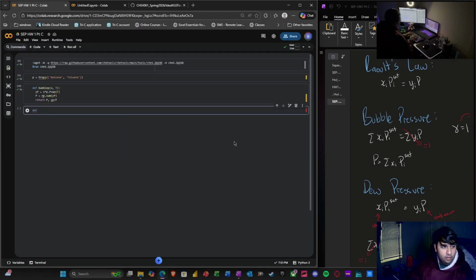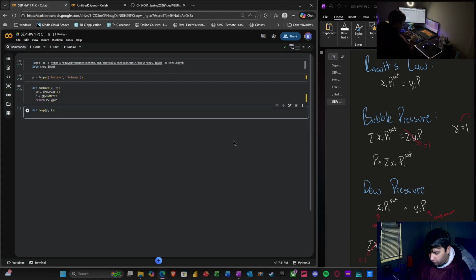And we're going to define our dew pressure. So like before, what we used was the liquid phase composition. Here we're going to use the vapor, which is y t. So this time we're going to define what our pvap is, which is p.pvap at a specific temperature.